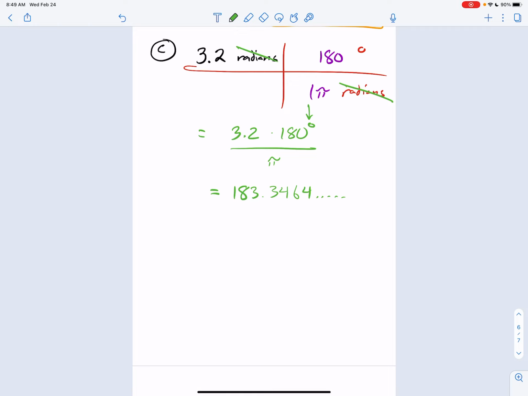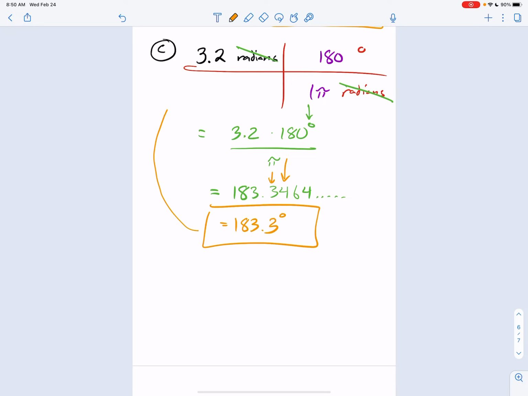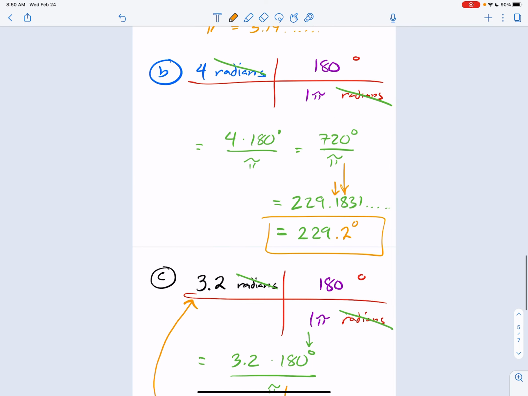And if we round it to the nearest 10th, here's the 10th place. So I look at the digit after. Since it's 4, it's not 5 or larger. That 3 will stay as a 3. And that's in degrees. Don't forget your units there, okay? So 183.3 degrees approximately is equivalent to 3.2 radians.